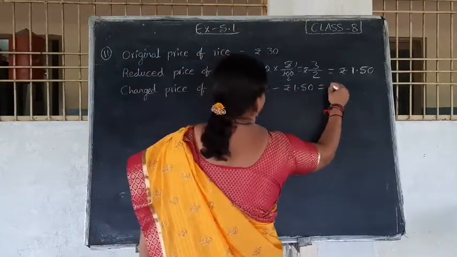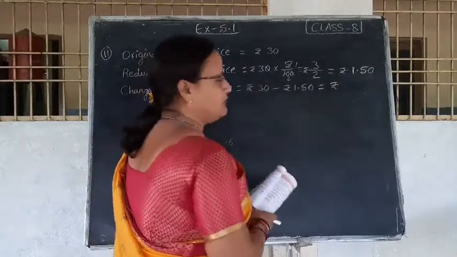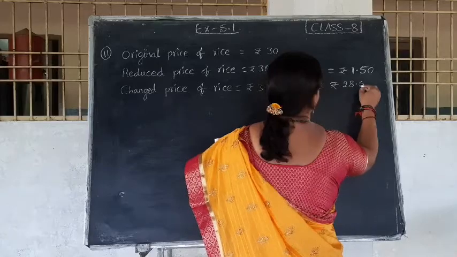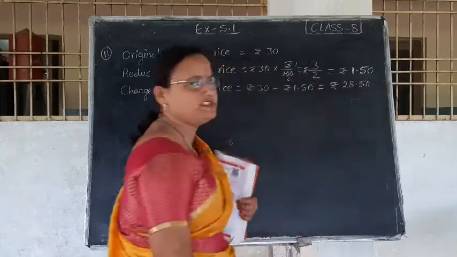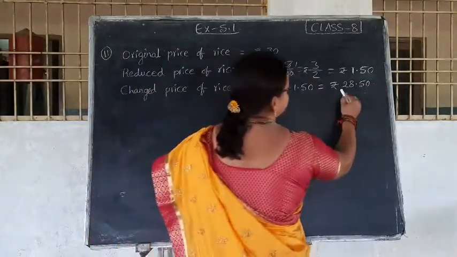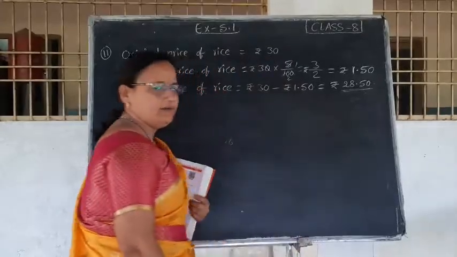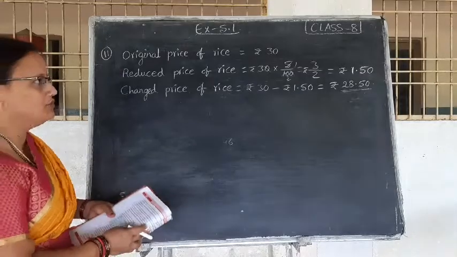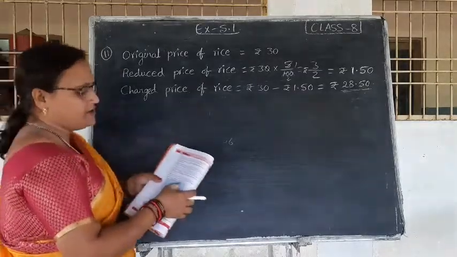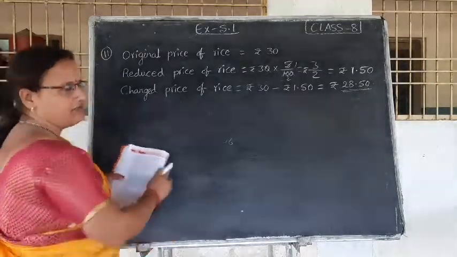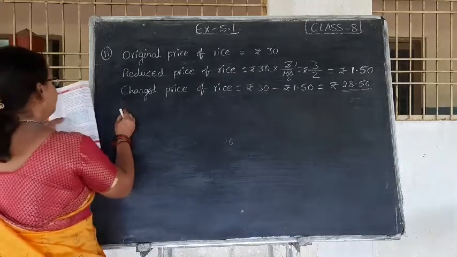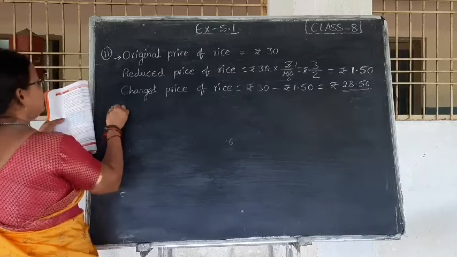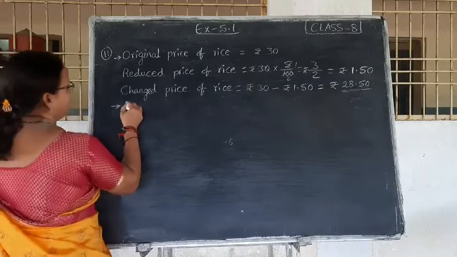That is 30 minus 1.5, which is 28.50, so 28 rupees and 50 paise. Write down this amount in your table. First of all, draw the table in your notebooks, then write the changed prices in the table after calculation. Next, rice is completed. The second one is jam.